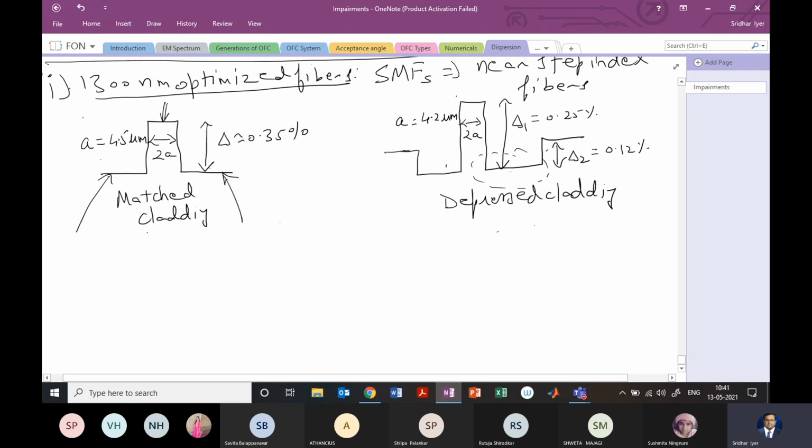That portion next to the core has a lower index than the outer cladding, which I'm now shading here, right? So that's why it is depressed, because the cladding portion just next to the core has a lower refractive index compared to the outer cladding which has a higher index, right? So that's why it is known as a depressed cladding. Okay.